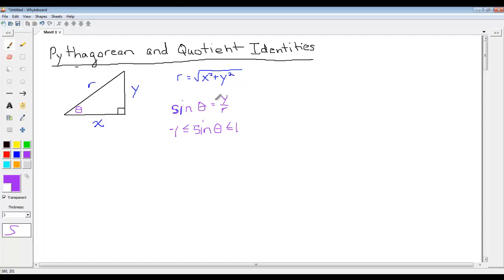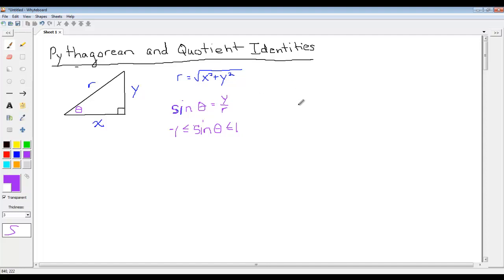It all has to do with how y and r are related. Y could equal r, giving 1, or y is less than r, giving a proper fraction: a positive fraction less than 1, and a negative fraction greater than negative 1. So that's for your sine.